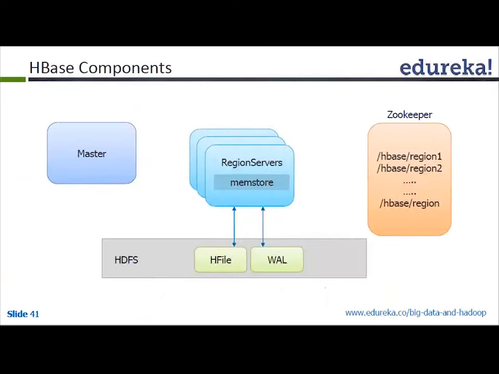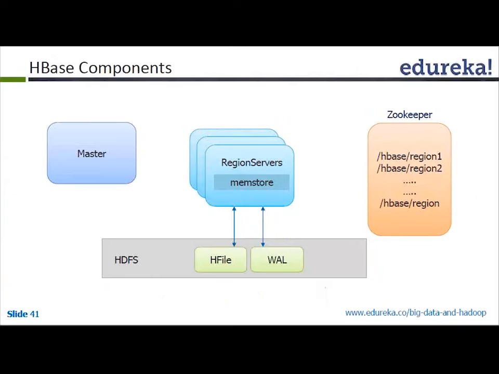So if you look at the HBase components, one, you will have the HMaster. You will have the region server. In the region server, you will have something called a memstore. So please note the final data is going to be in HDFS, but the recently used data would be there in the memory, in the memstore.